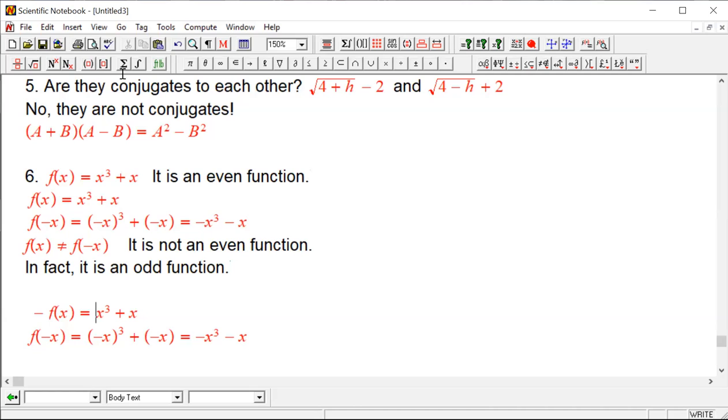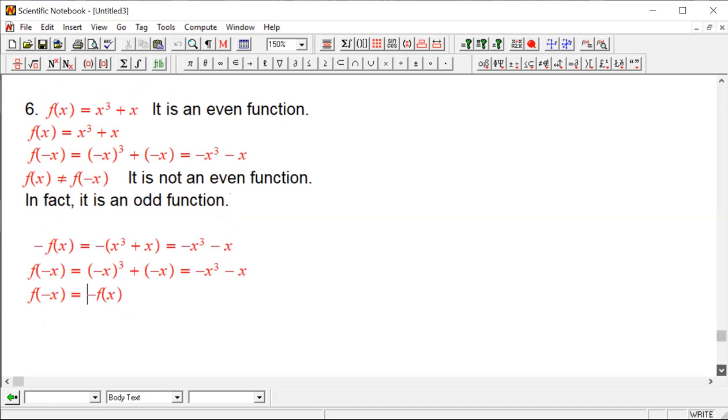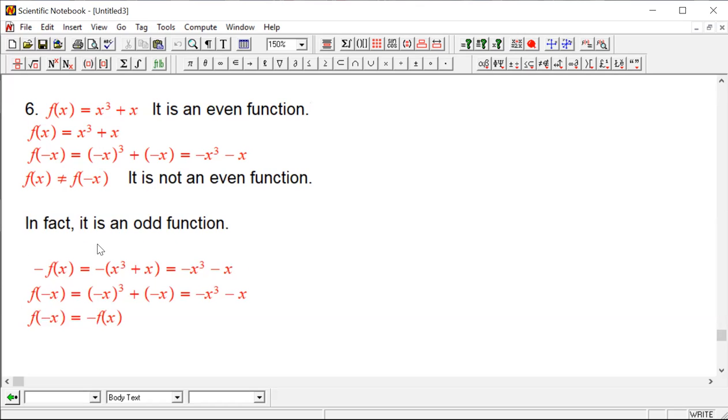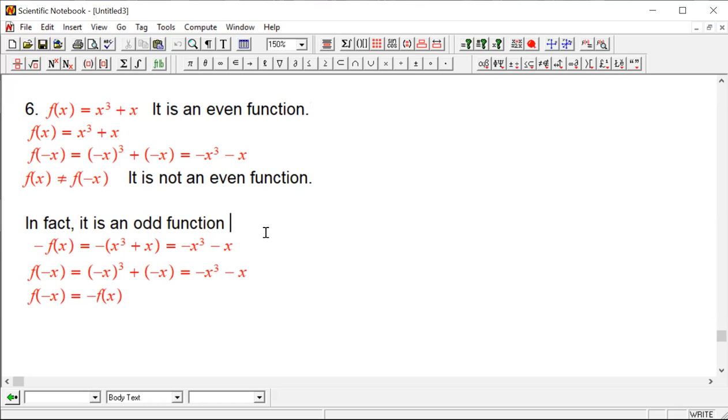So we put a negative sign in front of the entire function, distribute the negative sign, and we get exactly the same thing. When these two are the same, it is an odd function, and you can say so for the following reason.